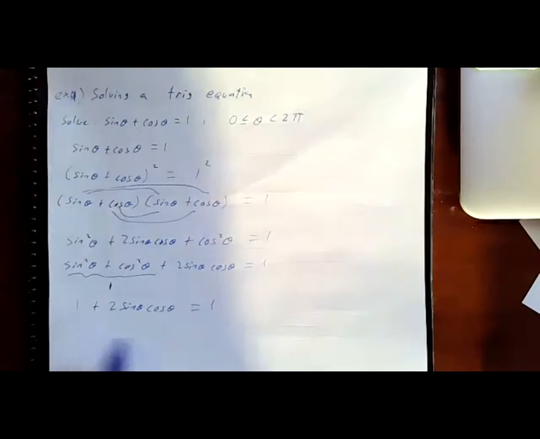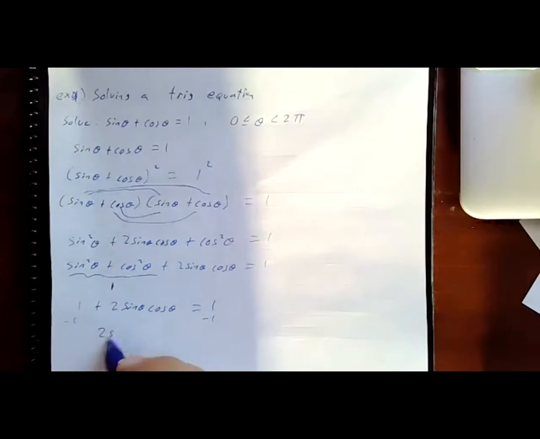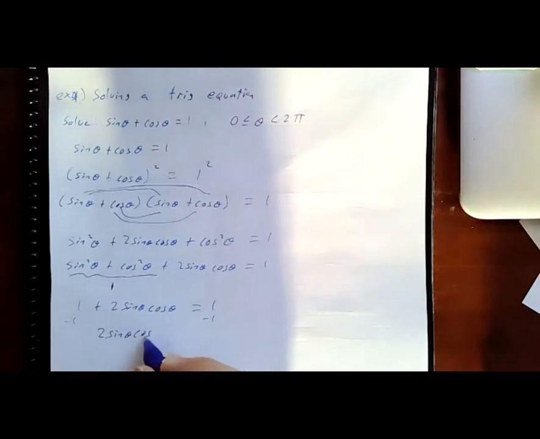Now if I subtract the 1 over by subtraction, I get 2 sine theta cosine theta equal to 0, right?